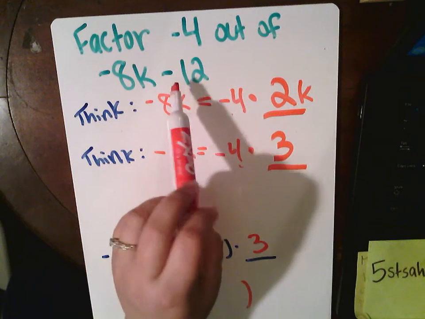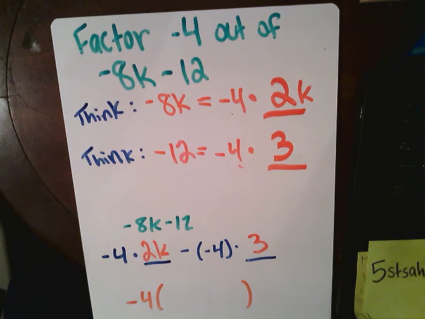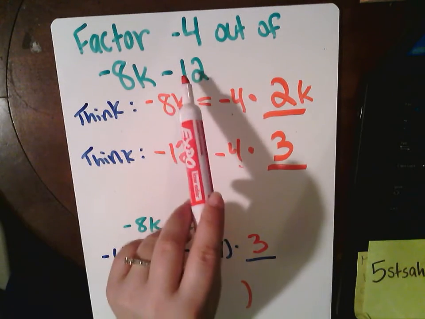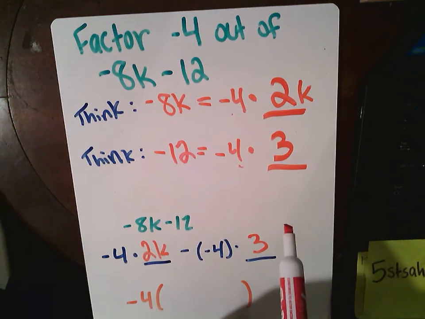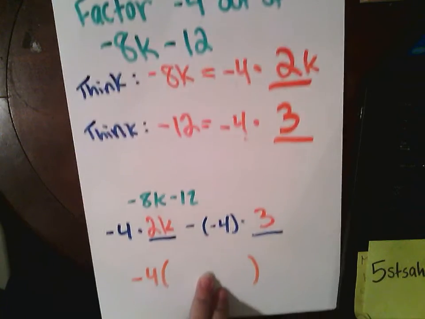When you are factoring, and there's a minus sign here, keep it with the term. So if you have a negative 12 or a minus 12, it's a negative 12. And then if it's a plus 12, then it's a positive 12.